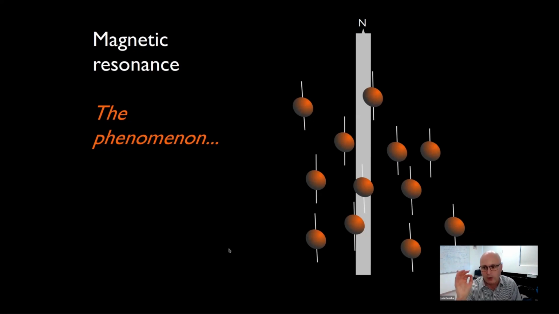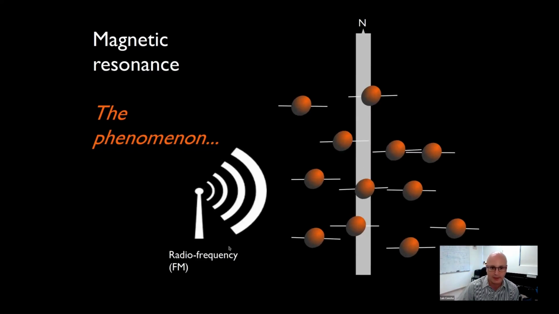So if we know the frequency of precession, omega 0, that we noticed before, then we know exactly the frequency that we have to emit through a radio frequency that, if we recall, is in the range of megahertz, which corresponds to frequency modulation, FM radio. So this is not ionizing radiation. This is extremely non-harmful.